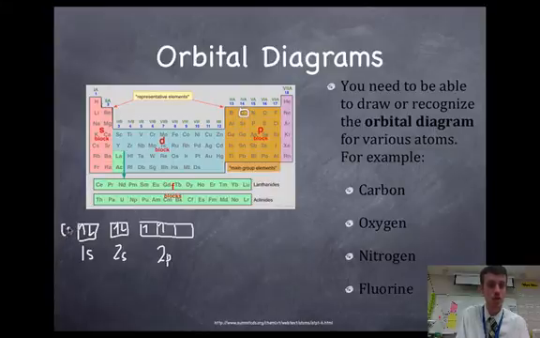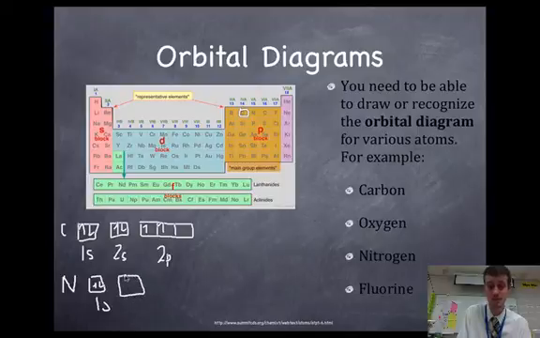okay, so there's carbon. If I were doing the same thing for nitrogen, I would just have my 1s with its 2 electrons, my 2s with its 2 electrons, and then once again I go into my 2p, and it's going to be different.